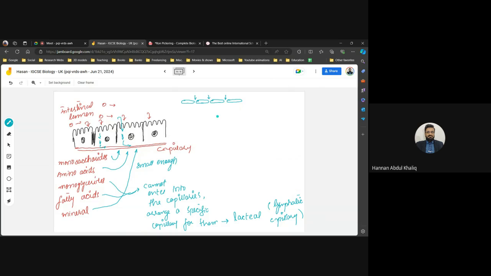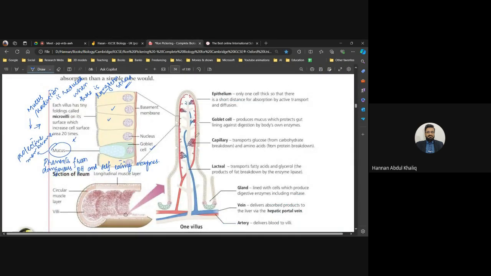So the capillaries are not able to capture different kinds of fats, so the rest of the things would be directly entering into the capillaries. But for the fats, you have to manage the lacteals.